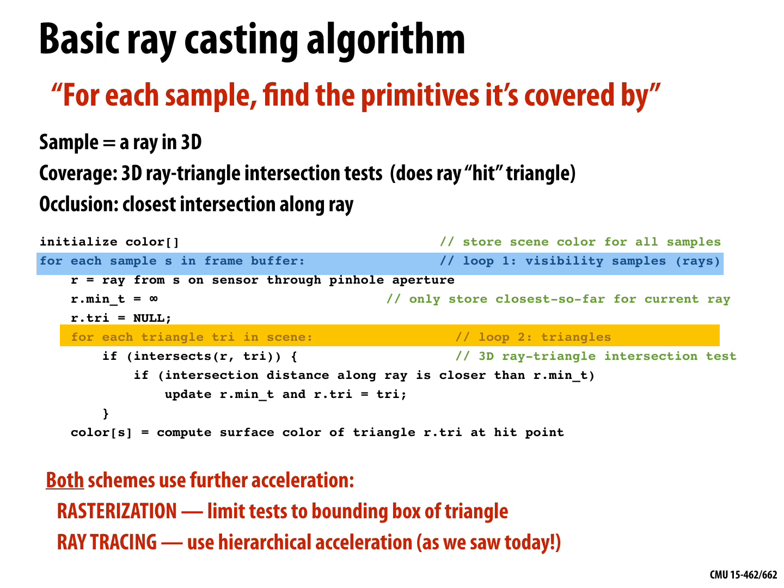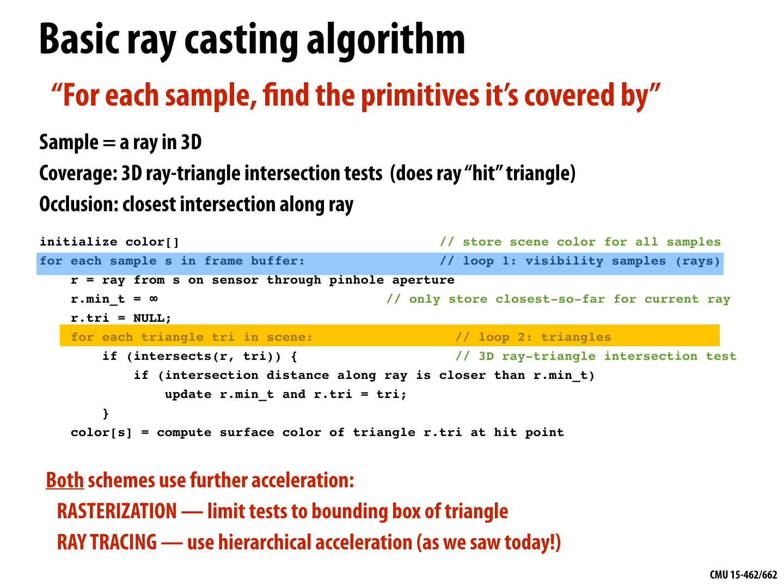And we do that by shooting a ray through the pixel. So in this case, a sample is a ray in 3D. Finding out the coverage is a matter of doing 3D ray triangle intersection tests. So we find, what are all the triangles hit by that ray? And occlusion is determined by figuring out the closest intersection along that ray. Of all the triangles we hit, which one has the smallest t value?